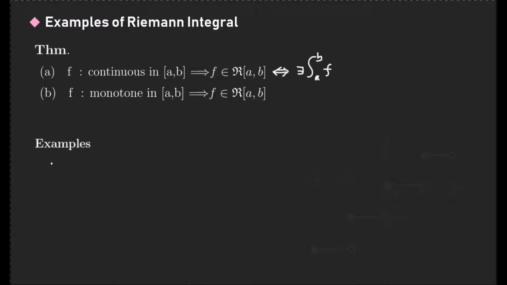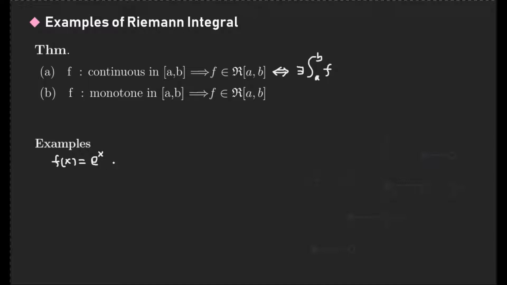So, for example, an easy example: if f(x) is the exponential function, it is clearly a continuous function, not only on the whole real line, but also on a specific interval.